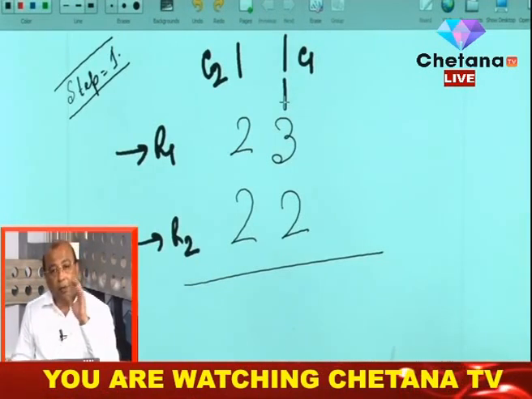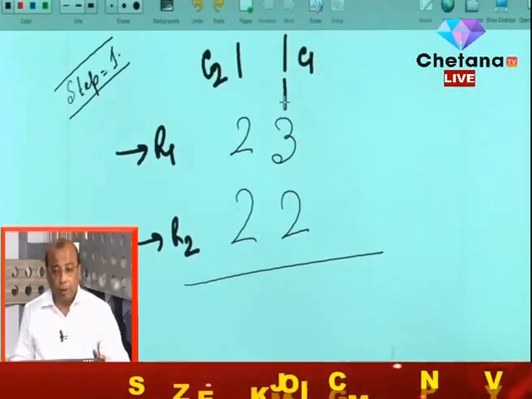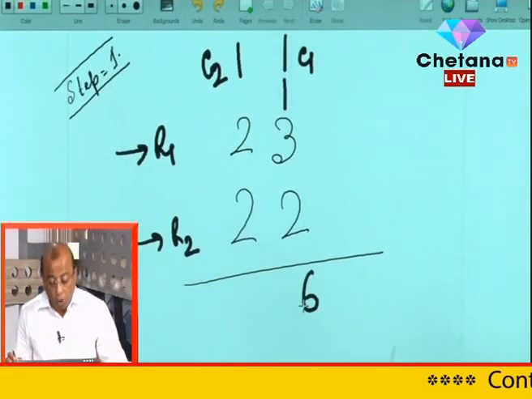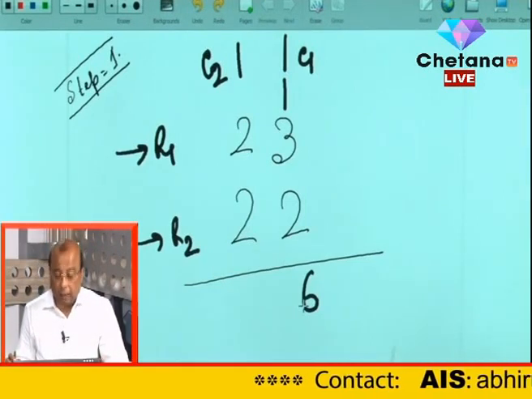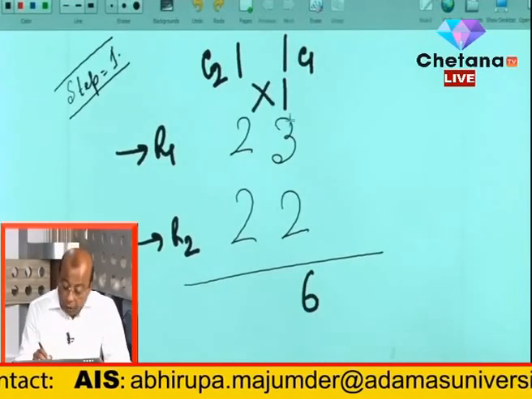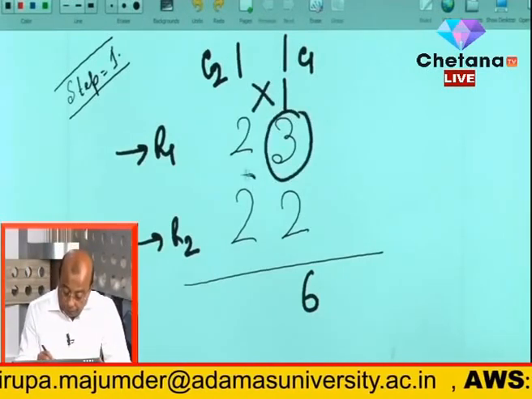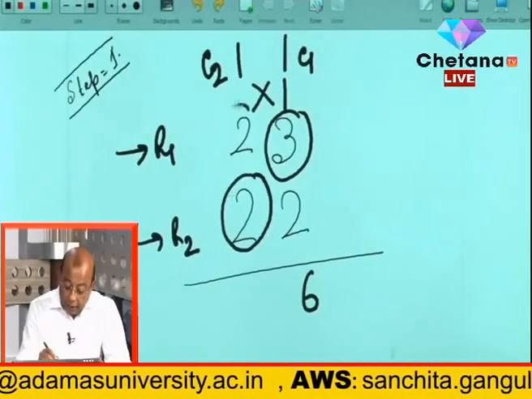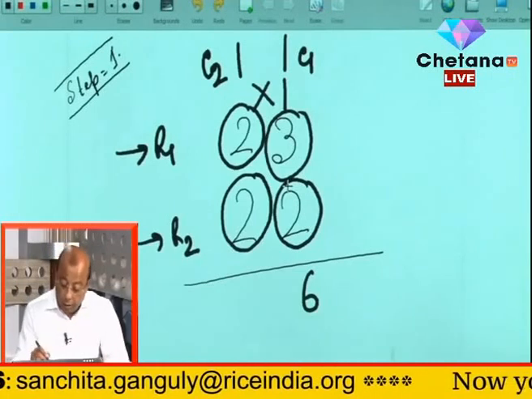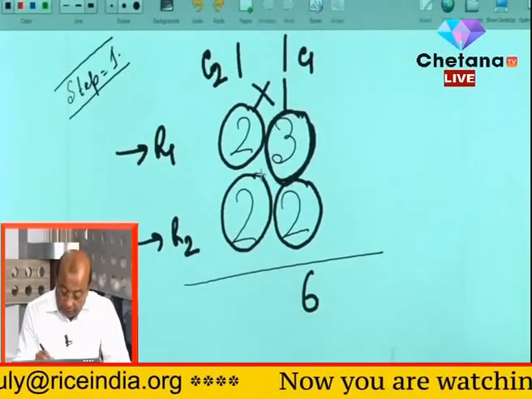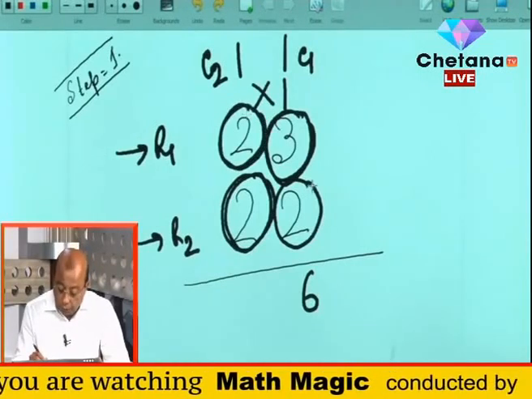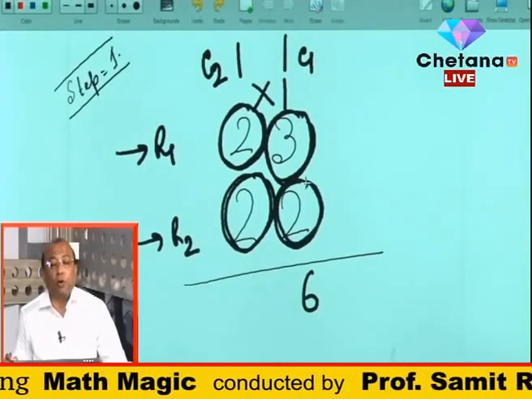We multiply 3 into 2, that is 6. When we consider the second column, my symbol will be cross. That means we multiply diagonally and then add. So 3 into 2, that is 6, and then 2 into 2, that is 4. 6 plus 4, that is 10.